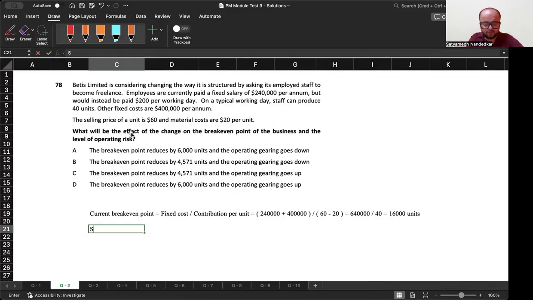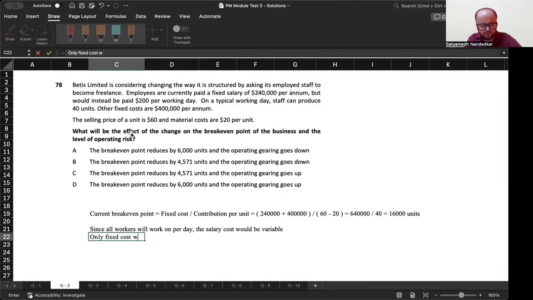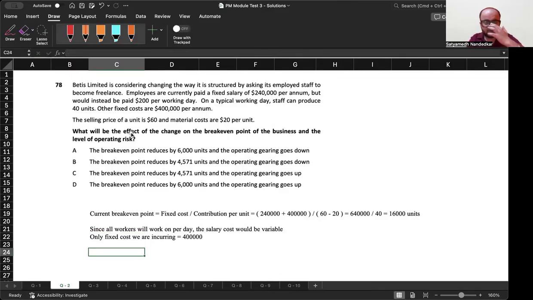Since all workers will work on a per day basis, the salary cost would be variable. So the only fixed cost we are incurring is 4 lakh, which is my other fixed cost.